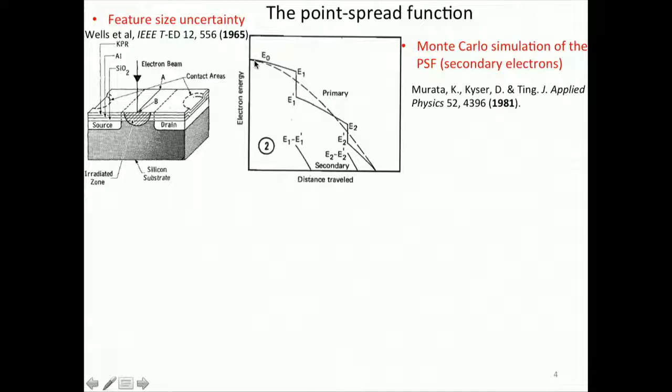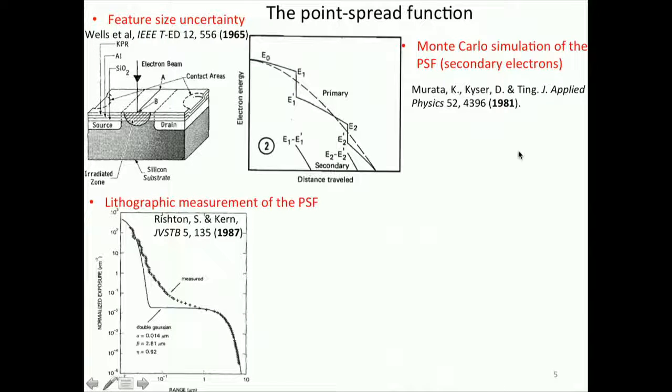As the electron travels into the resist, it loses energy. They also added a jump in energy from E1 to E1 prime, which means there was a generation of a secondary electron, and they modeled the secondary electron effect on the point spread function.